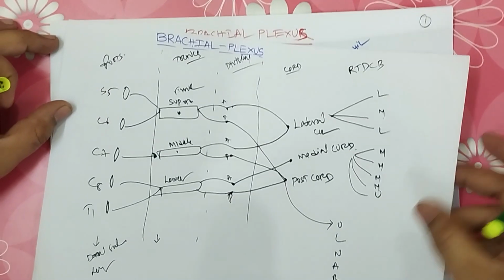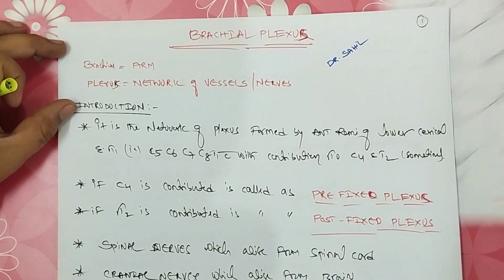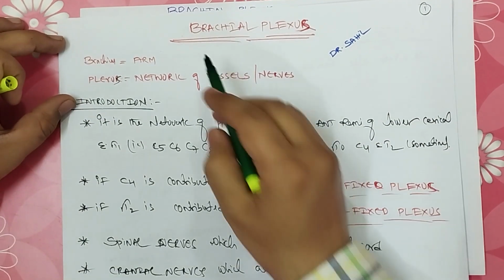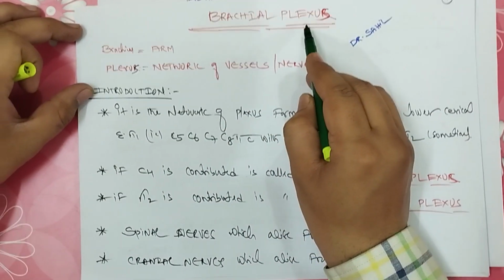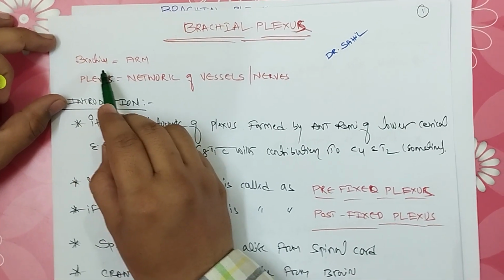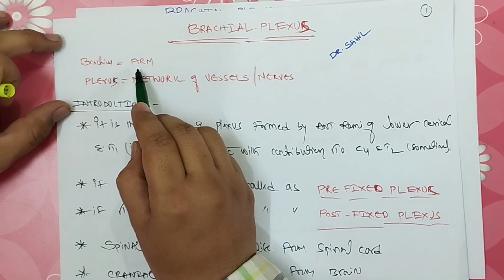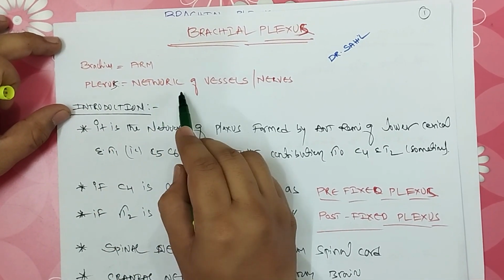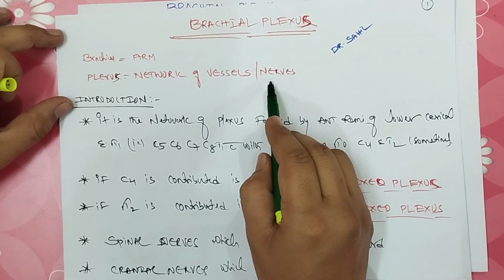Now this is simple with the diagram. Now we come to the main thing, the brachial plexus. Brachial plexus is made up of two words: brachium, meaning arm, and plexus, meaning a network of vessels or nerves.